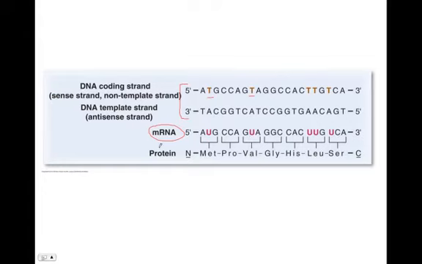What you can also see here is that in the protein, every 3 bases, or what's referred to as a codon, is complementary to a single amino acid. This is a universal code where 3 nucleotides are specific for a single amino acid.